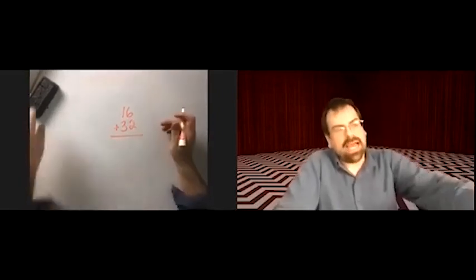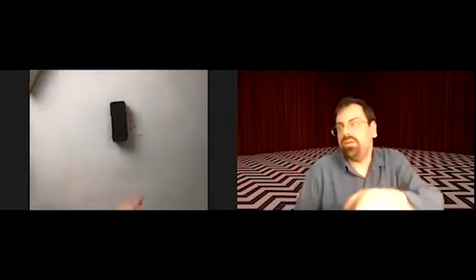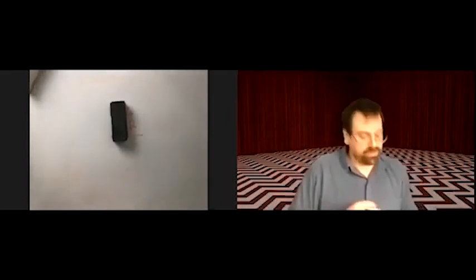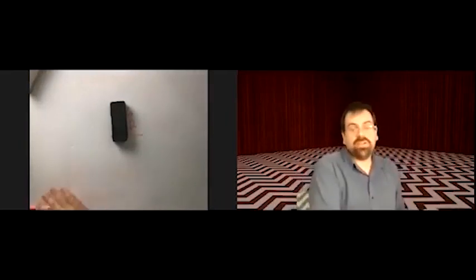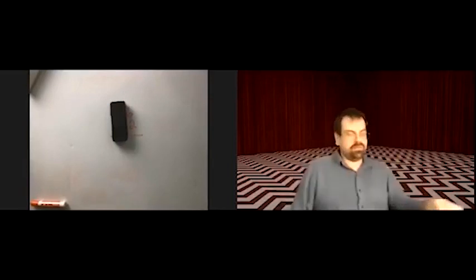And then we look at one column at a time, starting with all the way on the right. What's 6 plus 2? Do it on your fingers if you have to. 6 plus 2, 7, 8.